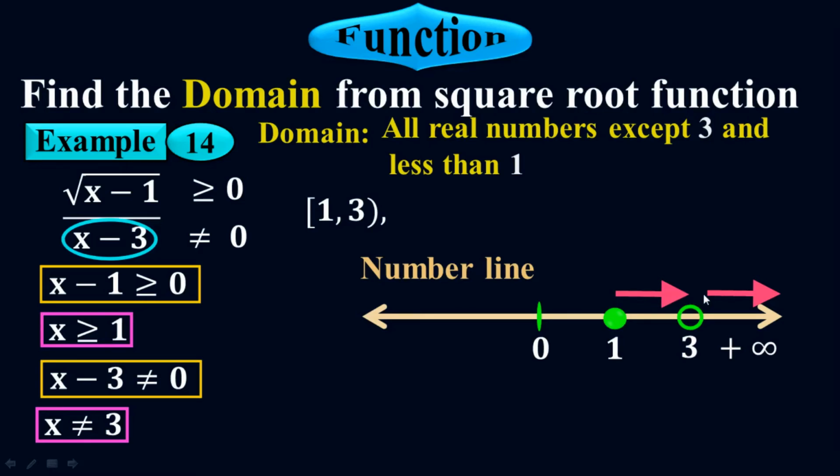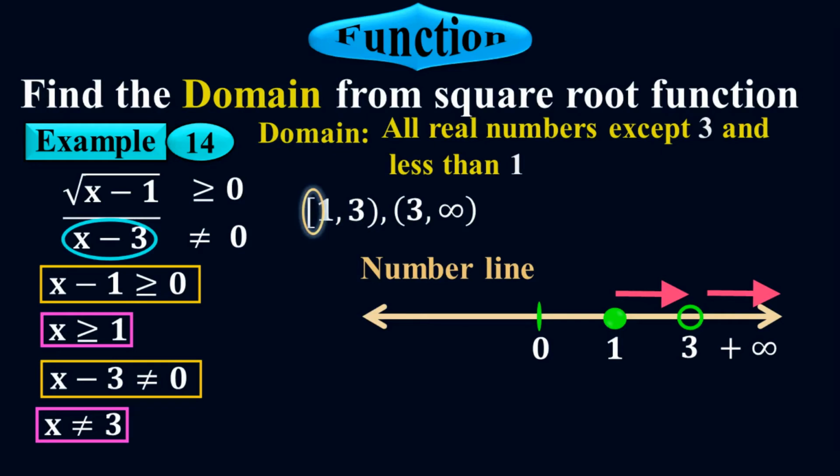I'm going all the way, but in the middle I have an issue. The issue is the 3, because the second condition says that x is not equal to 3. I will leave the 3 and then go ahead up to positive infinity. So my second ordered pair will be 3 comma positive infinity.